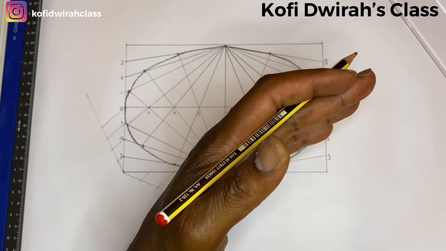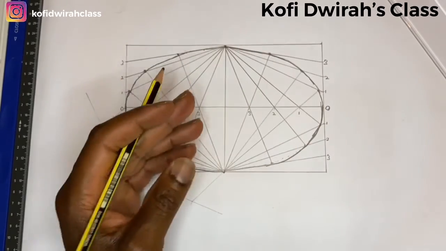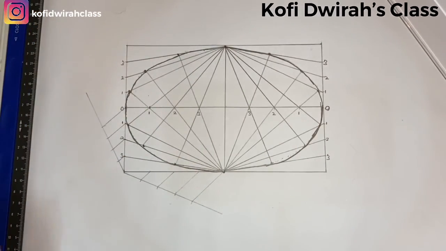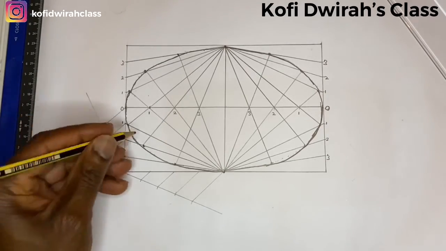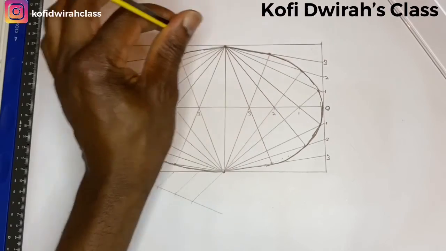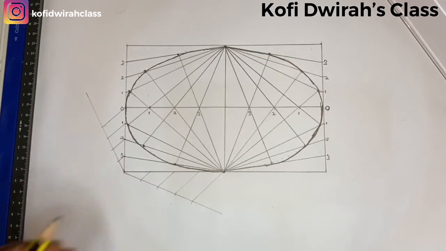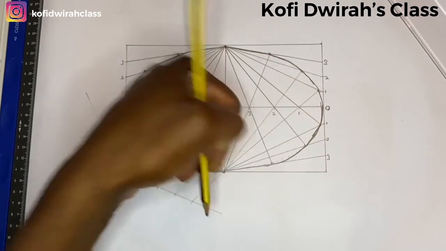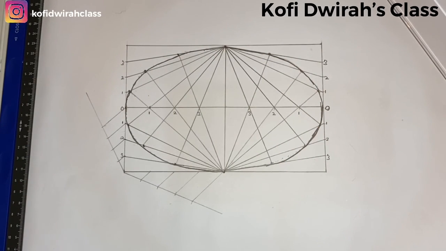Use the same method on this side. Then you go to the other side as well. Then the meeting points of the lines are the points where you draw your ellipse. So you mark all these points. Then with your free hand, with your pencil, you just draw your ellipse. So this is how to construct an ellipse using the rectangular method.